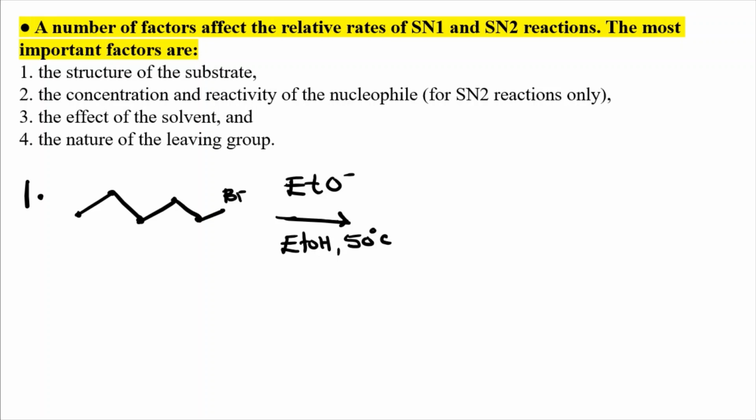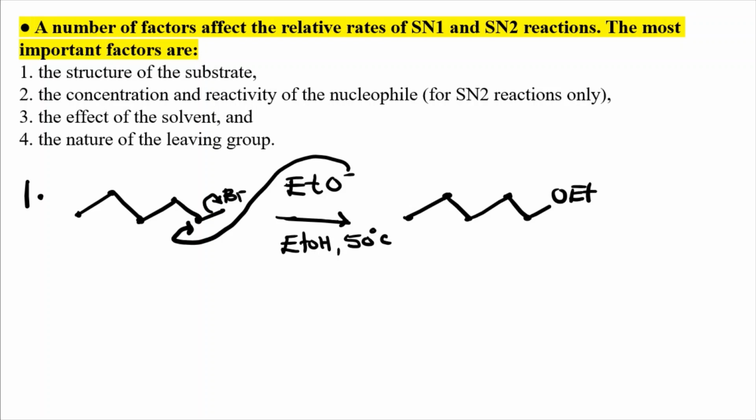So this reaction, since this is a primary alkyl halide, will happen mostly by SN2 reactions. So this nucleophile is going to attack from the backside, and the leaving group is going to leave. So what we're going to form is this product here: 1, 2, 3, 4, 5, and then this will be attached to the ethoxide here.